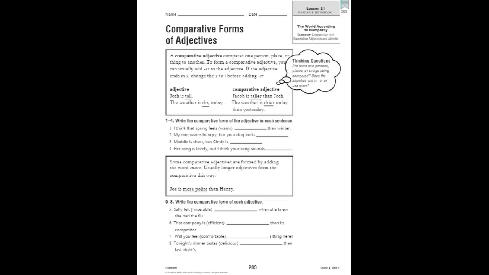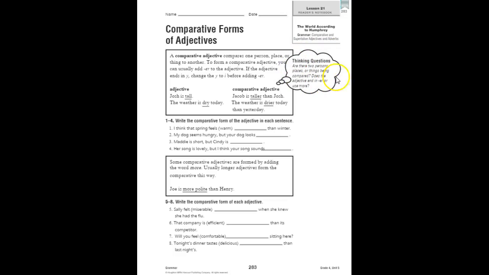Now it's your turn. All right, this is very similar to what I just went over with you. This is page 283 in your reader's notebook. This box up top tells you what a comparative adjective is. It tells you how to form them and what you need to do. If the adjective ends in Y, change the Y to I before you add the ER.